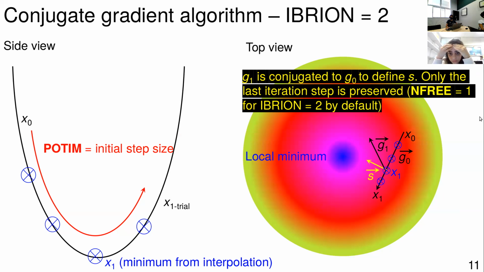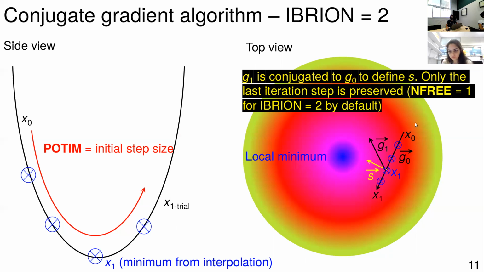So you don't set n3, because n3 for Ebrion equal to 2 is equal to 1. And why is n3 equal to 1? Because here you just keep one step in your history. So you always keep the information from the previous step only. In this case, x0. If you then move from x1 to x2, with Ebrion 2, you just keep the information of x1.